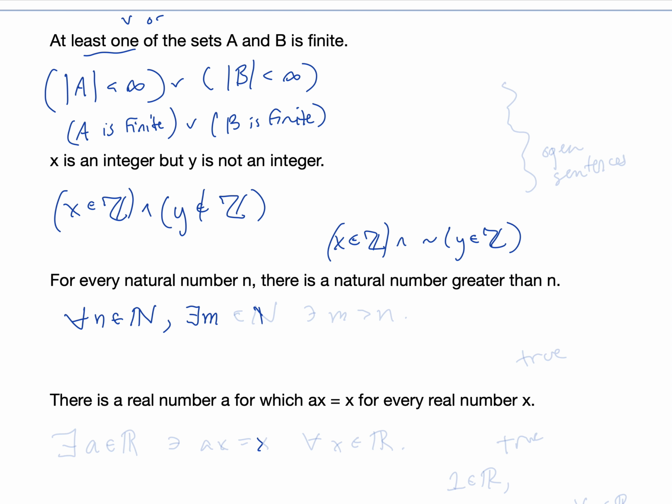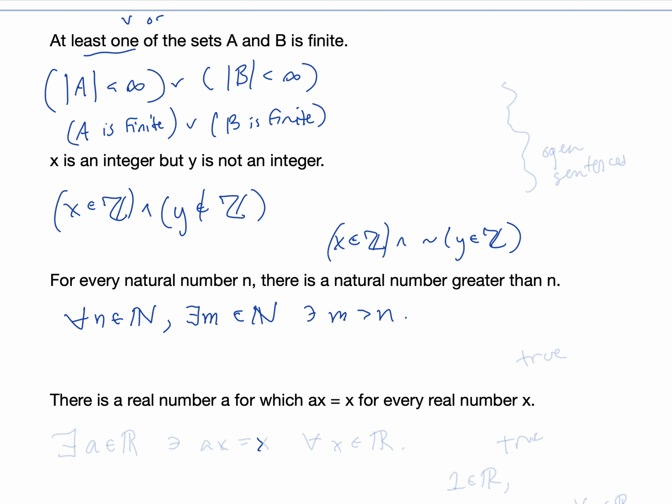So for every natural number n, there is some natural number, we're calling it m, in the natural numbers, such that m is greater than n. So that's one way that we could write that using symbolic logic.